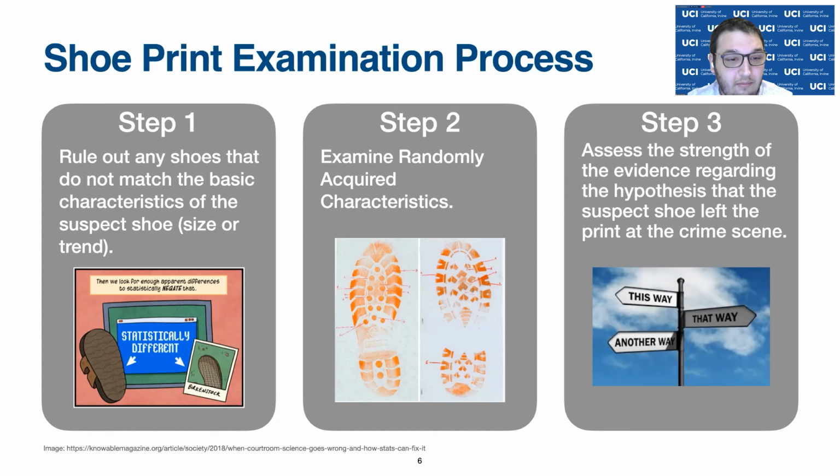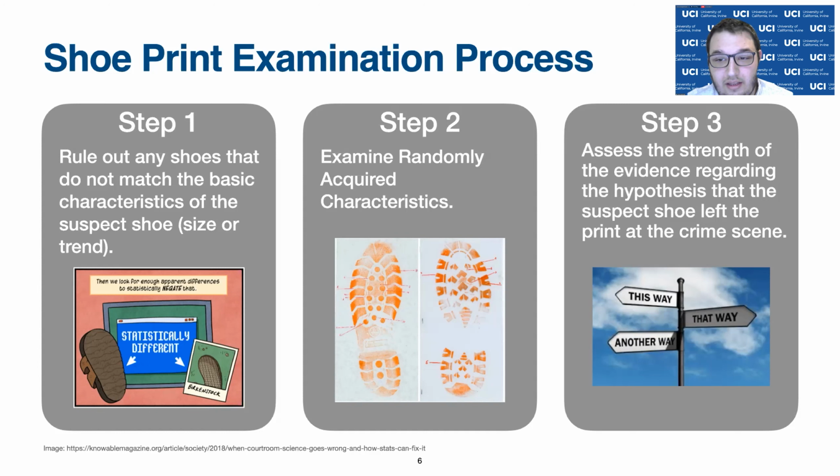So the next step, if there are multiple shoes that match on these types of characteristics, in many cases, people start to examine randomly acquired characteristics. And the main point of this webinar is to discuss this aspect. So I'll discuss what randomly acquired characteristics are in the next slide.